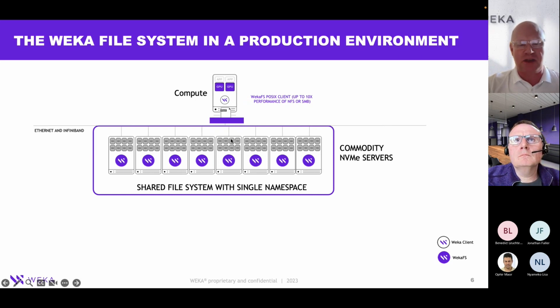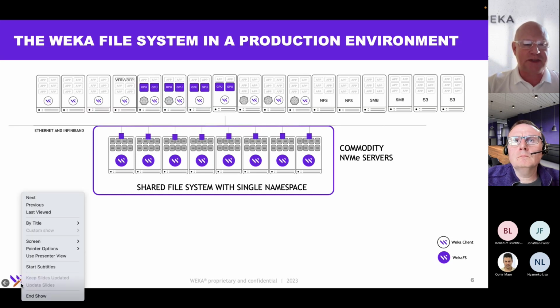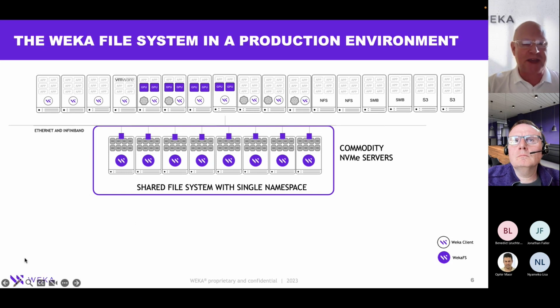We bypass the kernel and we stripe the data, and this is really important, across the back-end Weka nodes. So we're writing data in stripes, in an erasure-coded stripe, across the NVMe.